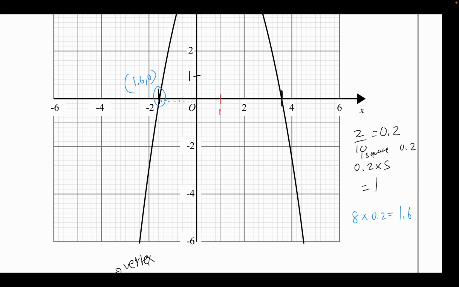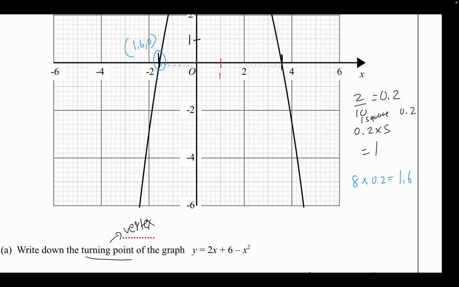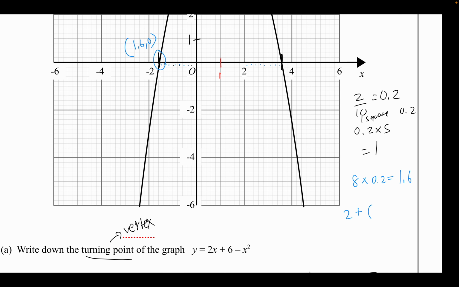And here, how many squares? 1 2 3 4 5 6 7 8. 8 squares. You're going to do 2 plus 0.2 times 8, which is 3.6. Now, this is just a way of writing this. I'm going to simplify this for you.